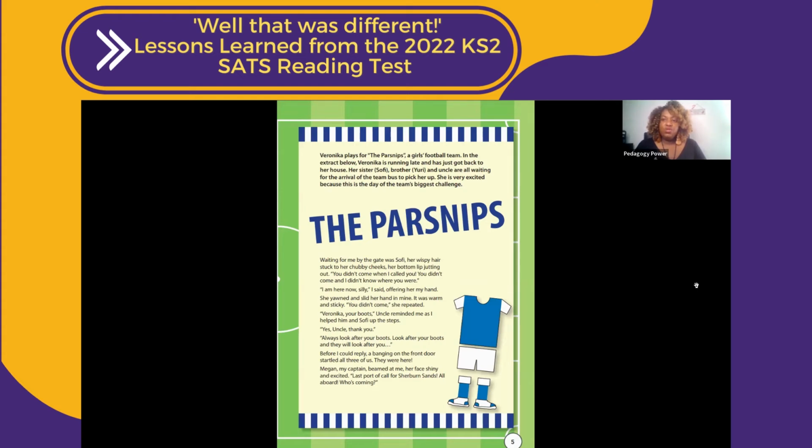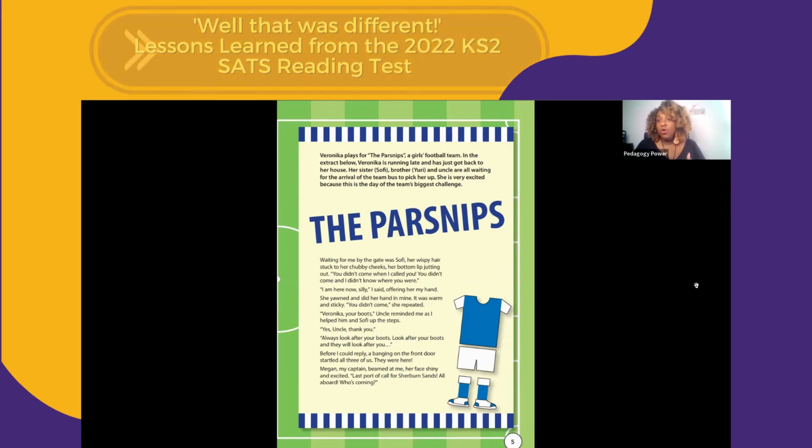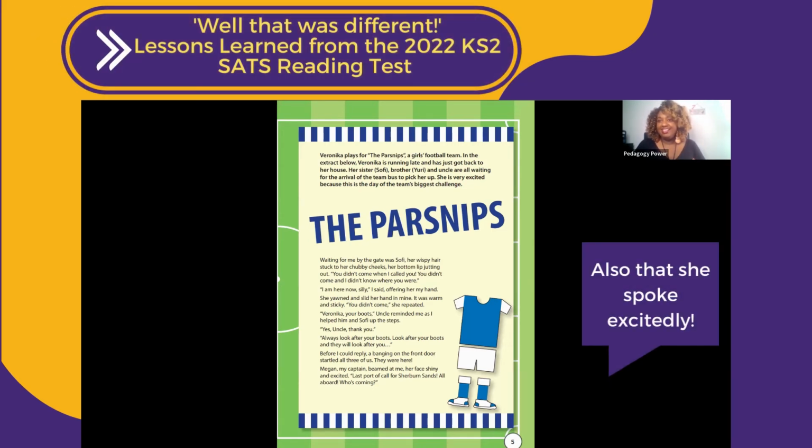Now, how many children are going to pick up that when a question refers to mood, it's going to be looking at inference and not necessarily retrieving information, but the evidence that's there to support the mood? So obviously the correct answer for that kind of question would be the fact that the captain beamed at Veronica, or that her face was shiny and excited.